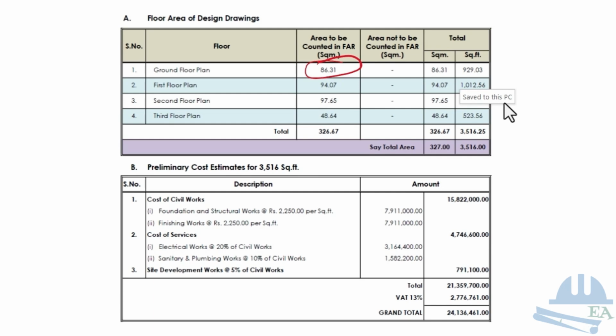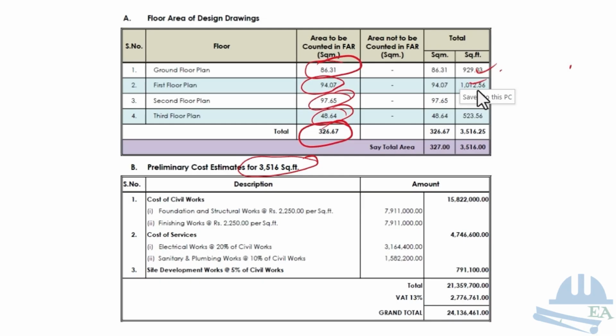Similarly, first floor plan area is this much, second floor area is this much, third floor area is this much, and the total area is 326.67 square meter. You can also get this in square feet by multiplying with 10.76. You know this factor. So once we have all this area, using a thumb rule, you can get the total cost.